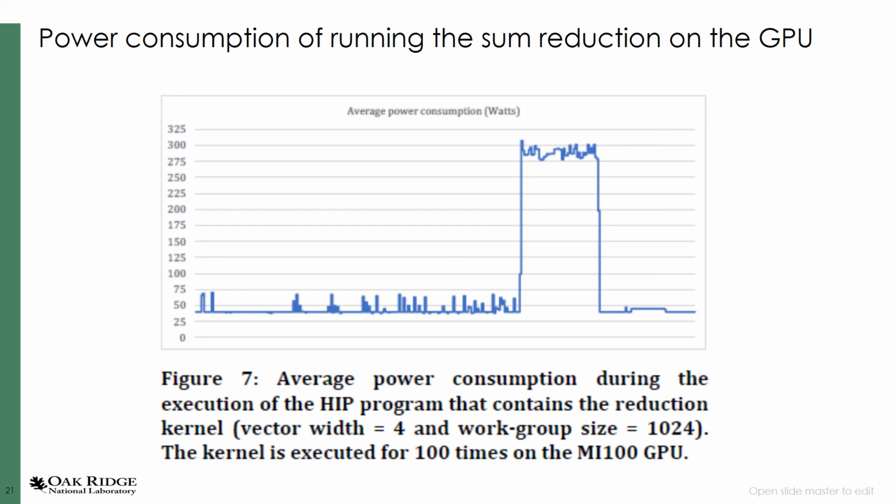Then the power increases quickly from 40 watts to 307 watts. The power fluctuates between 277 watts and 300 watts over the period of kernel execution time. When kernel execution is finished, the power decreases quickly from 300 watts to 40 watts. The measurement shows that the power consumption of the kernel execution is significant, although the kernel is not compute intensive.